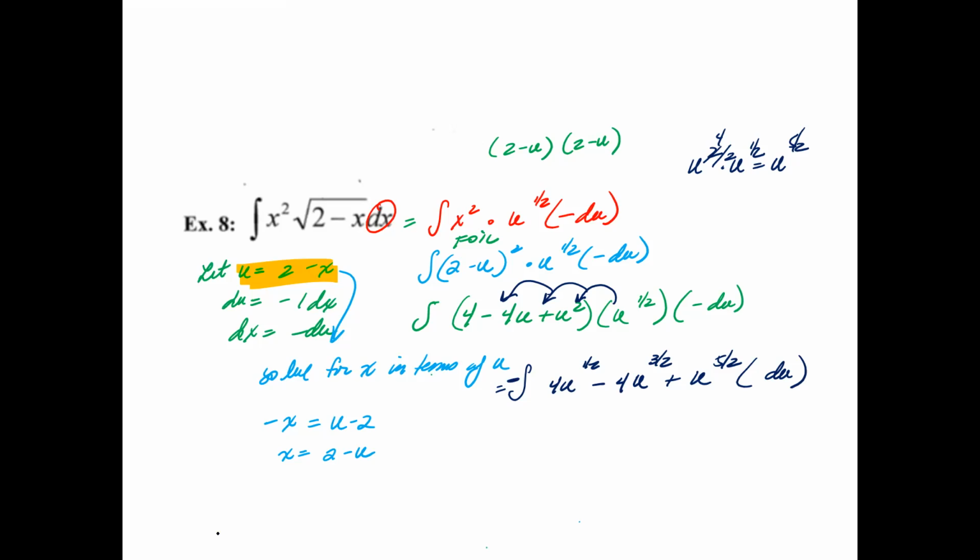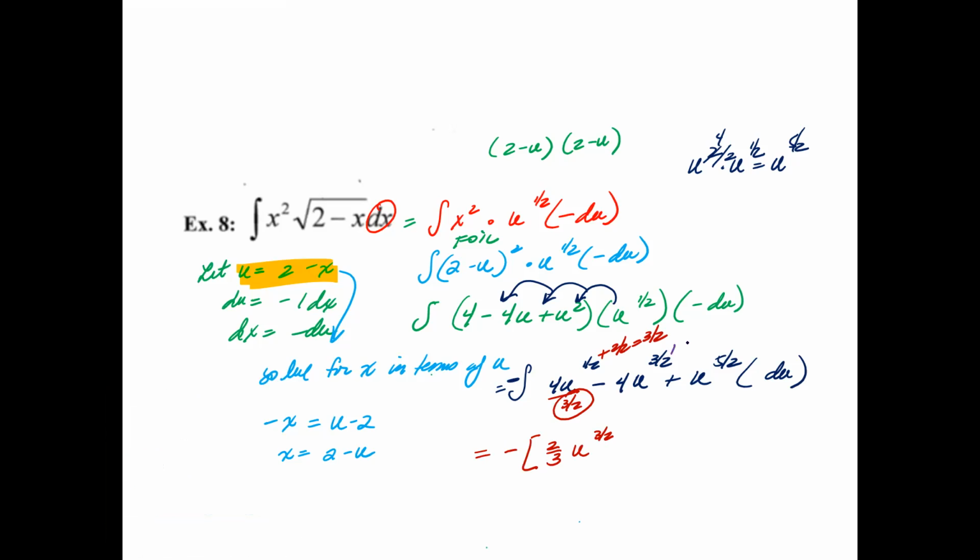Okay, so at this point, you can go ahead and find the integral of this. Add 2 over 2, which is 3 over 2, divided by 3 over 2, flip it, which is 2/3 u to the 3 over 2. Next one, let's take a look at this one here.